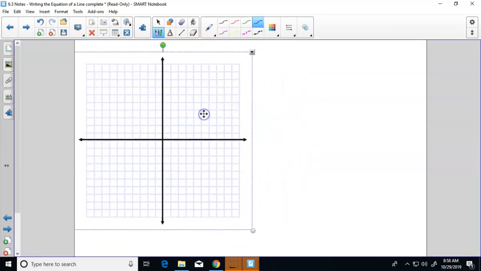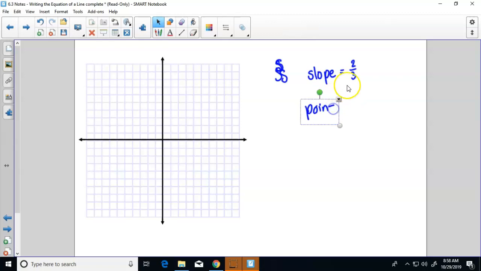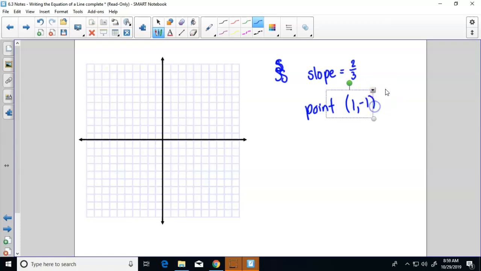For example, say I have a slope of 2/3 and a point it passes through, (1, -1). (1, -1) is right here.